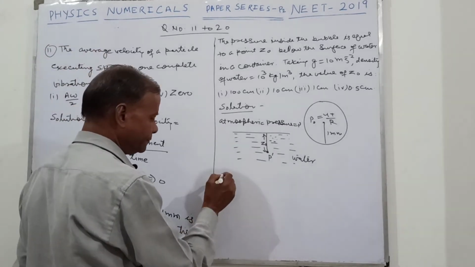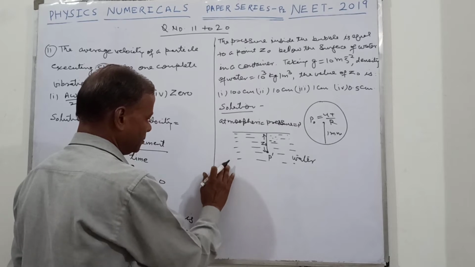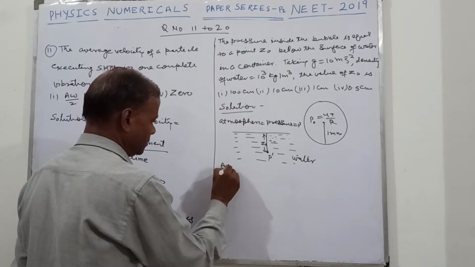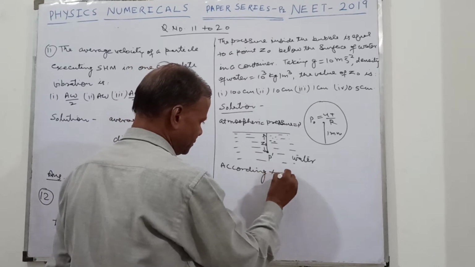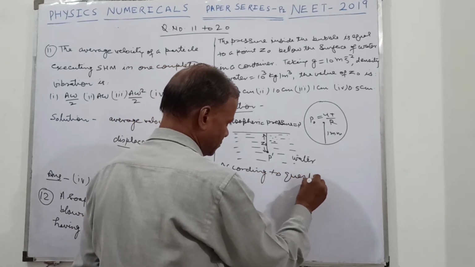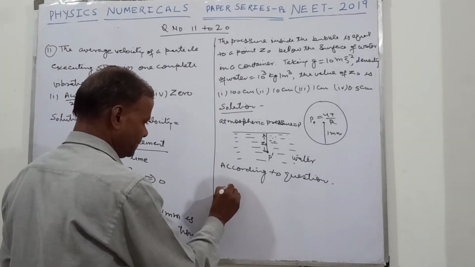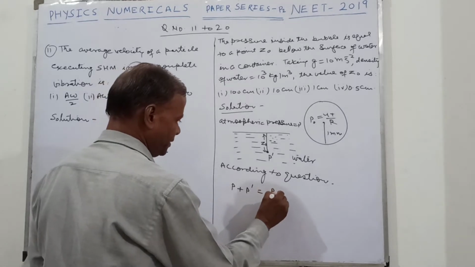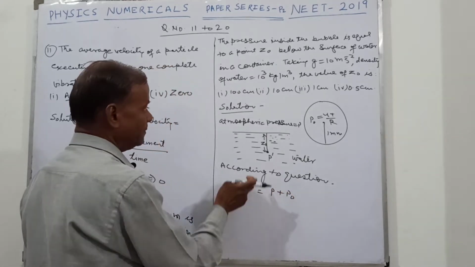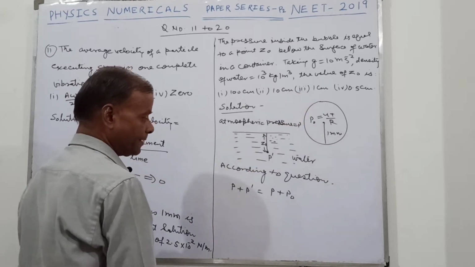So what we have in equilibrium, according to the question, P plus P dash equal to P plus P0, because this pressure will act here also and here also.